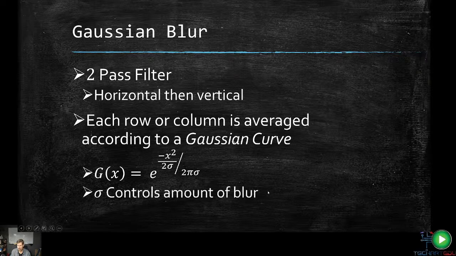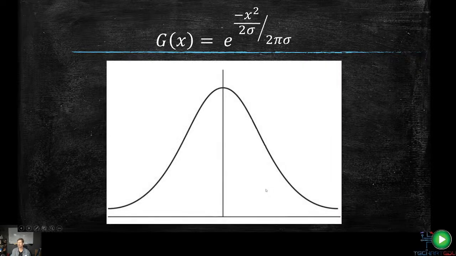Now remember, the Gaussian curve looks something like this. It's a standard bell curve. So that means if we're doing 16 pixels across, the center pixel is going to get the most weight, while the pixels on the edges are going to have the least weight.